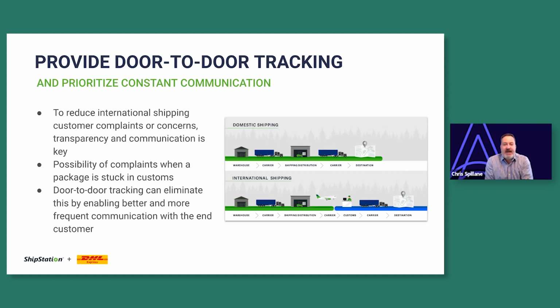It reduces the amount of complaints at the end of the day. If packages are stuck in customs, door-to-door tracking of those problems enables better, clear, frequent communication. The customer is able to see where their package is every step of the way, and it creates an overall good experience, right?